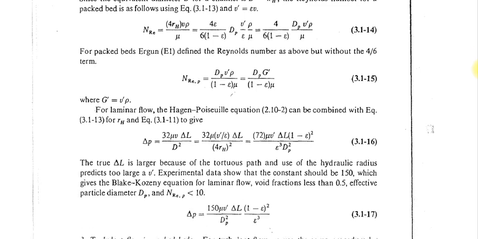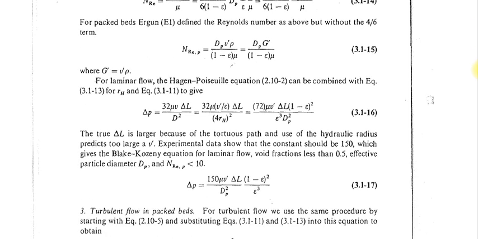But when we do the experiment with different values of xi, mu and v dash, we find that delta P is actually different: when the Reynolds number of the particle is less than 10 and the void fraction is less than 0.5, then this 72 factor is actually 150.